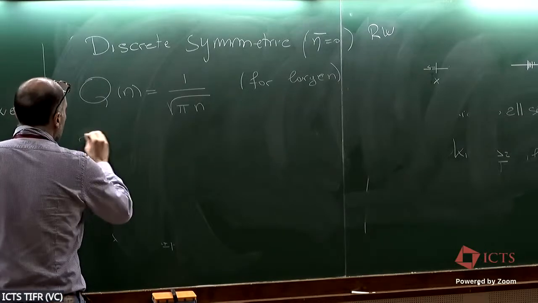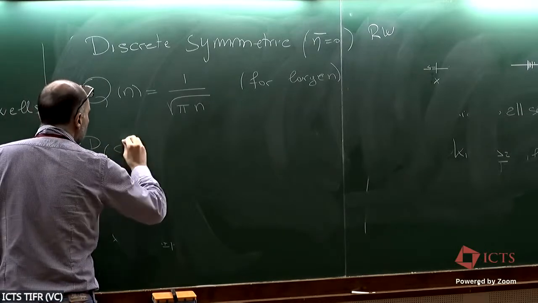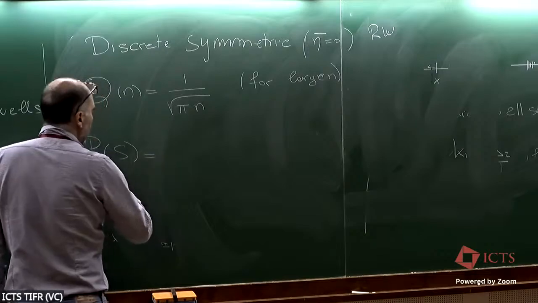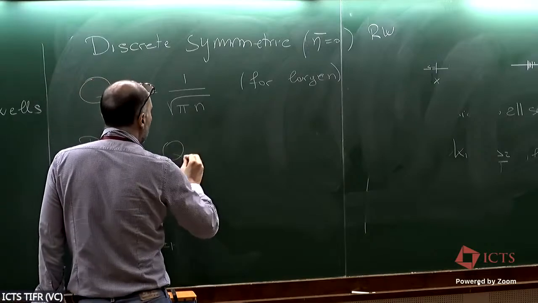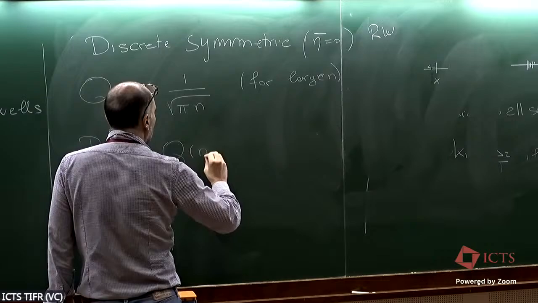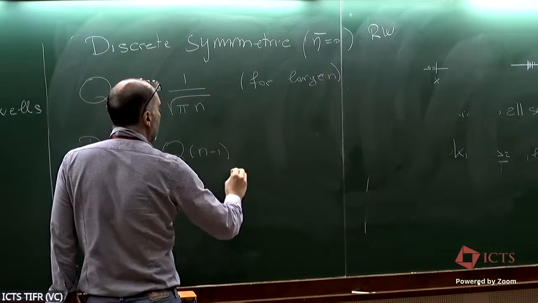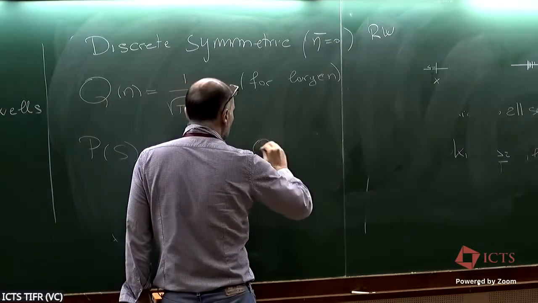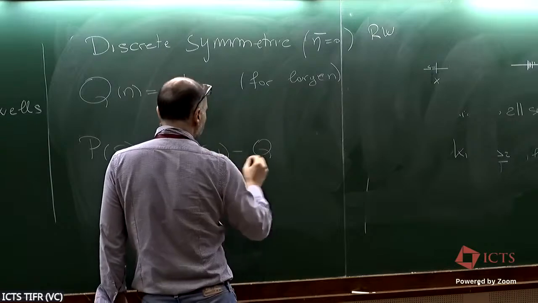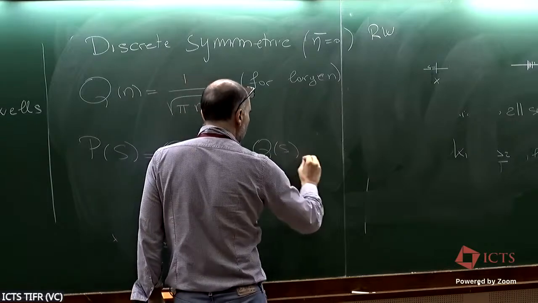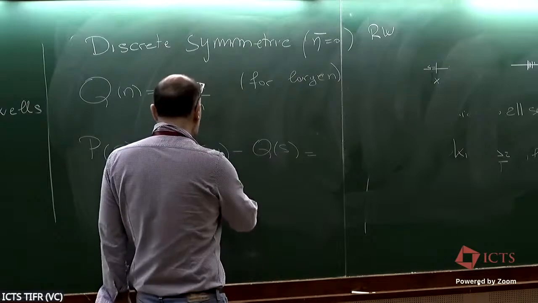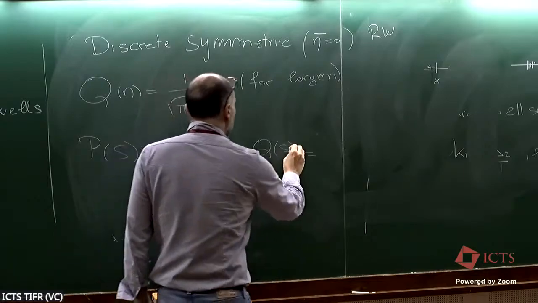And as Abhishek was saying, if you want to do the P of S, what you have to do is say, okay, I survived up to S minus 1, but I didn't survive at S, or better, S and S plus 1.